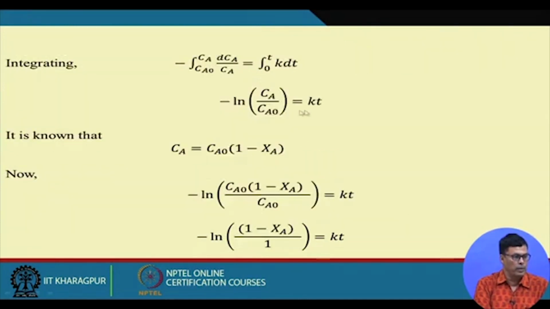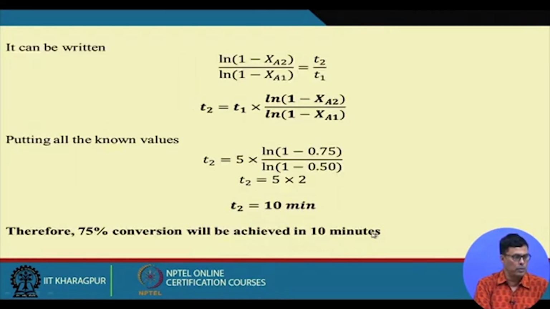Then we have come across this equation, CA equals CA0 into (1 minus XA), where XA is the fraction of A that is converted. So we can come across this equation, and finally we can write the conversion of A at the two times, T2 and T1, and if we take the ratio, finally we can find out the T2, that is coming to about 10 minutes.